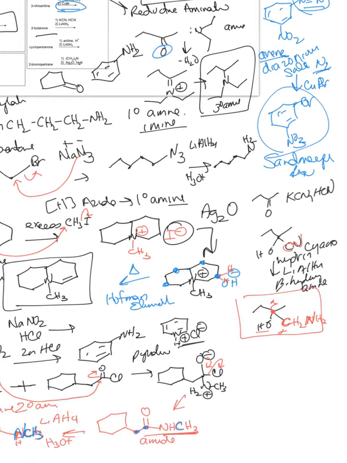This is going to give you the least substituted product. So which one will that be? The OH will extract that proton, and this will leave. So you're going to lose your N(CH3)3, and your product is going to be the least substituted 1, 2, 3, 4, 5 alkene, which is your Hofmann product.